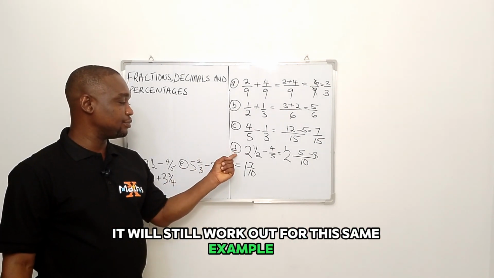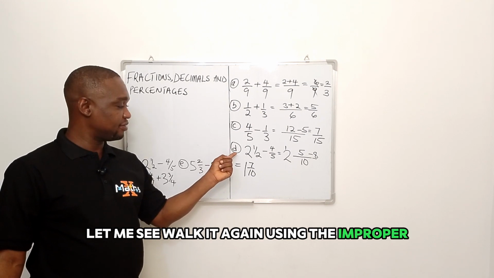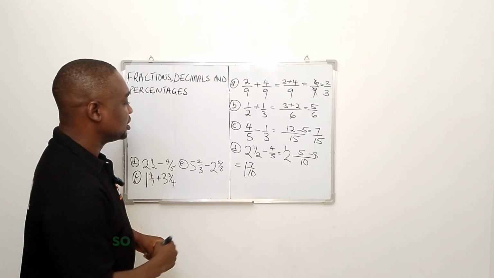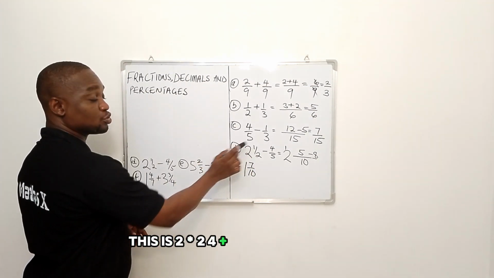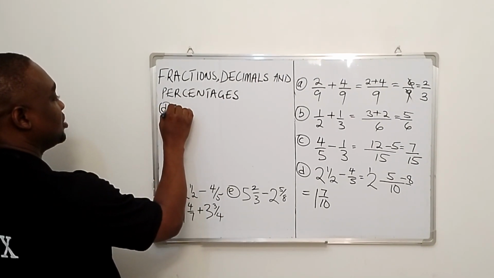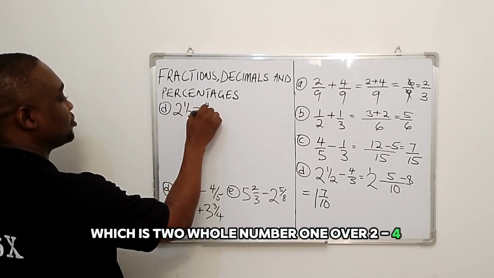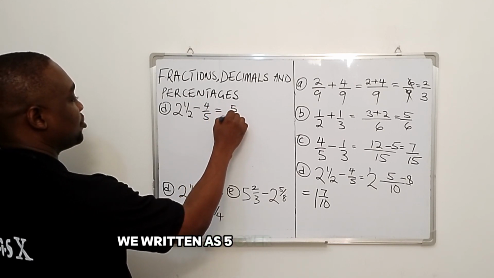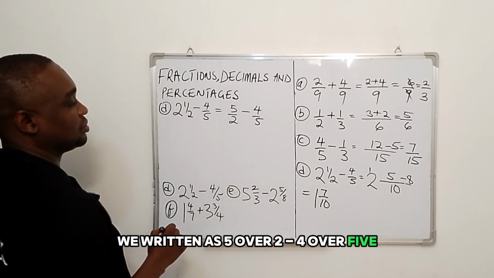For this same example D, let me work it again using the improper fraction method. I see most students do it. So what we have here is 2 times 2, 4, plus 1, 5. So D, which is 2 whole number 1 over 2 minus 4 over 5, is rewritten as 5 over 2 minus 4 over 5.